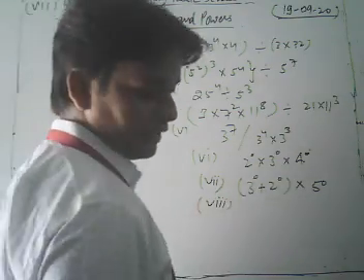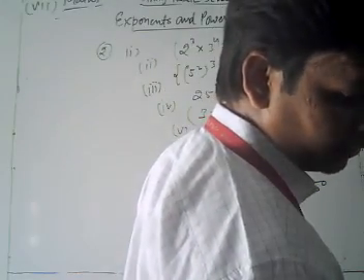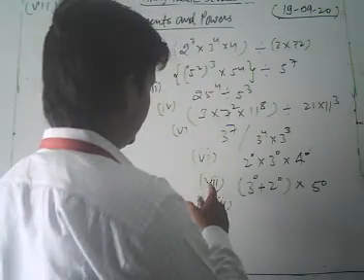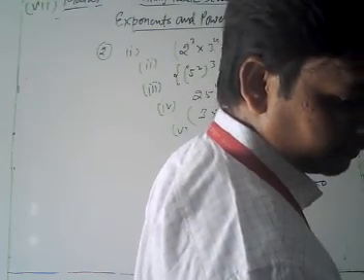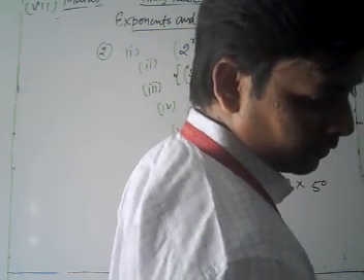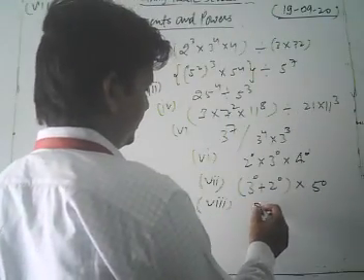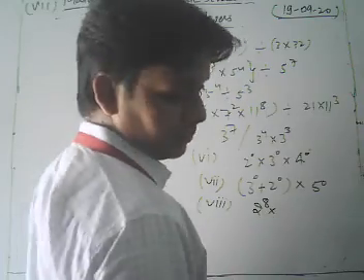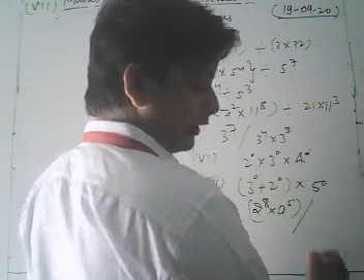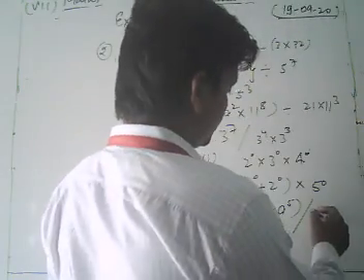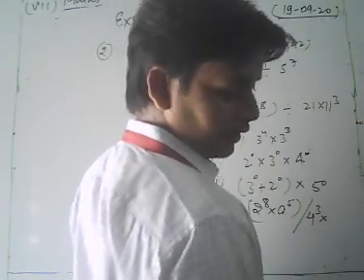And the eighth part of this question is 2 to the power 8 multiplied by 8 to the power 5 divided by 4 to the power 3 into 8 to the power 3.